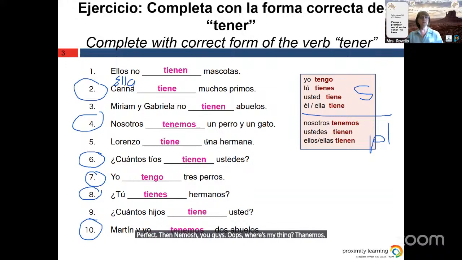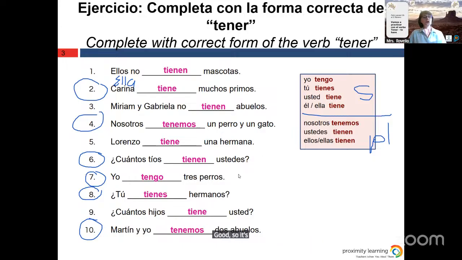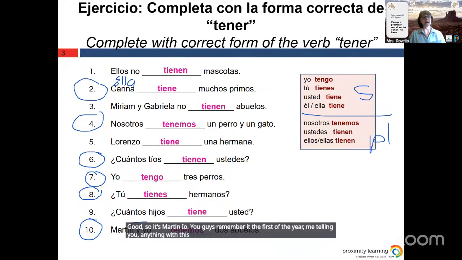Tenemos. Muy bien. What's it mean, Carlota? Martin and I have two grandparents. Or grandfathers or whichever. However we want to translate it. So it's Martin y yo. You guys remember at the first of the year, me telling you anything with this and I, Martin and I, is the same as saying we and therefore nosotros.